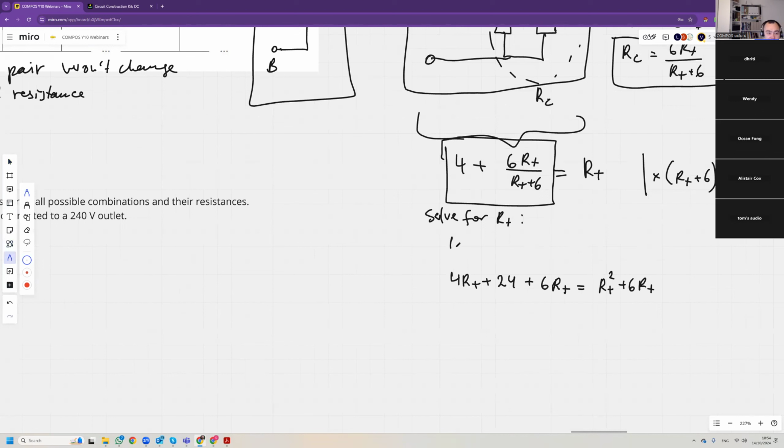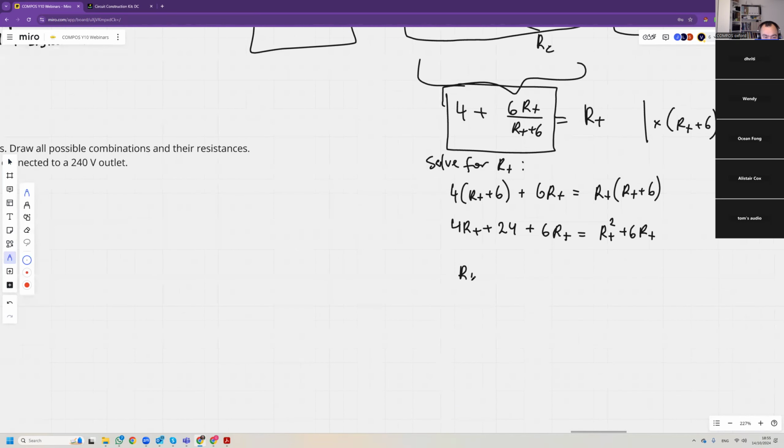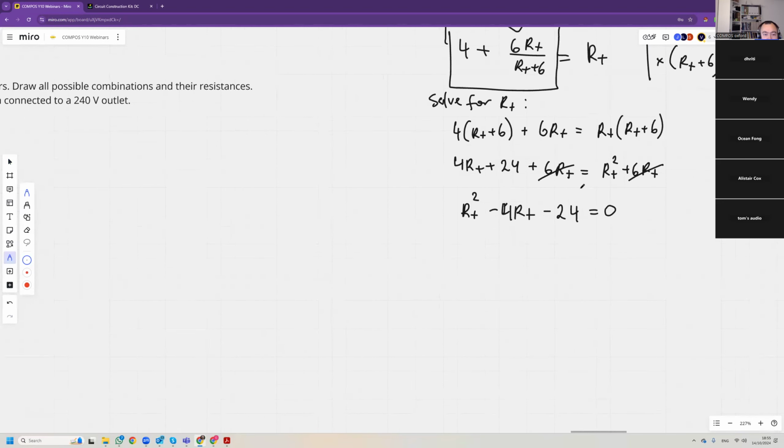So I get 4 times RT plus 6, plus 6RT, equals RT, open bracket, RT plus 6. And I open the brackets and I get a quadratic equation. And you are good with quadratic equations because you've done a whole assignment on them. RT squared minus 4RT minus 24 equals 0.